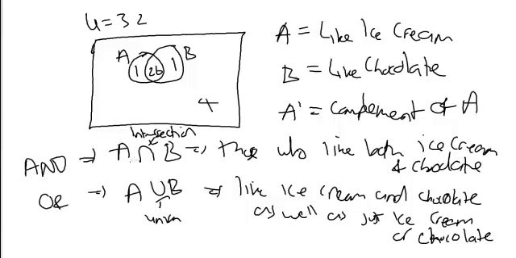So A union B would be all 28 people, while A intersection B would be 26. So I'll say that's 26 people, while that is 28 people.